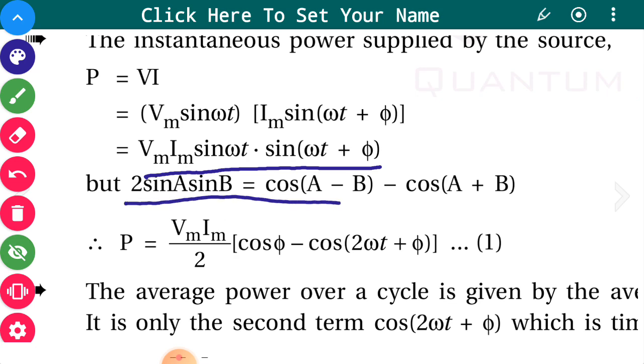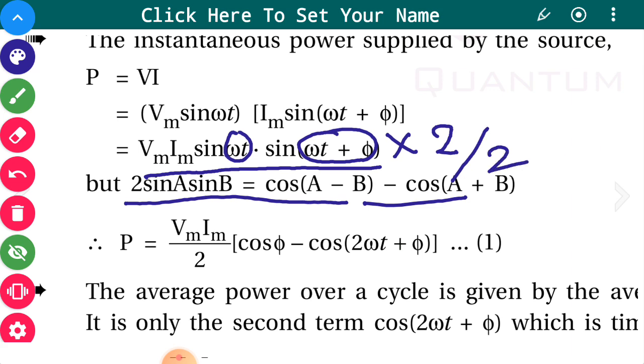Now by using the formula 2 sin A sin B equals cos(A minus B) minus cos(A plus B), consider this as A and this as B. Here there is no 2 in the multiplication, so we multiply by 2 and divide by 2. So here Vm Im upon 2 we have to write, and then it becomes 2 sin omega t into sin(omega t plus phi), and use this formula.